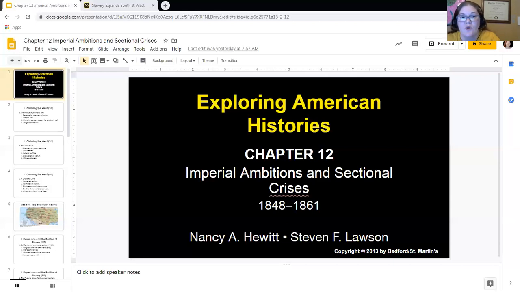As we look west and we pull in new states, first Missouri as a slave state and Maine as a free state, we find that many of the people moving into the Western territories are either opposed to slavery or undecided on the issue of slavery.